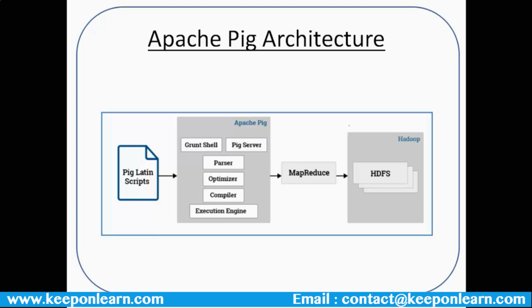What I mean by the optimizer here is that, as a programmer, you might have placed the filters and merges in the wrong place, but using this optimizer, our script will be optimized automatically.